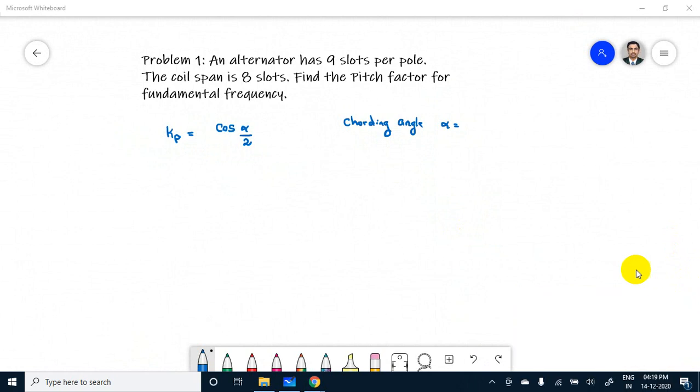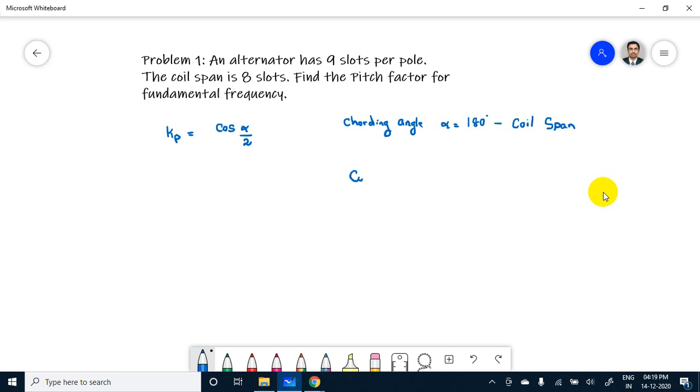This alpha formula is 180° minus coil span. So what is meant by coil span?